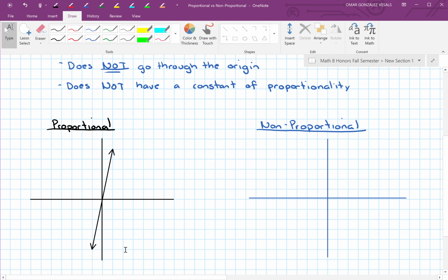Okay, so you know what? Did you guys already draw that? Okay, I just want you guys to see it a little better. So I'm gonna change this up. So I'm gonna have a slope of 1. A slope of 1, which is gonna be 1 over 1.